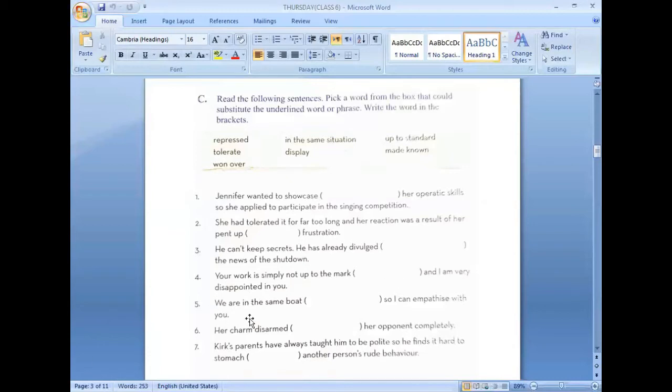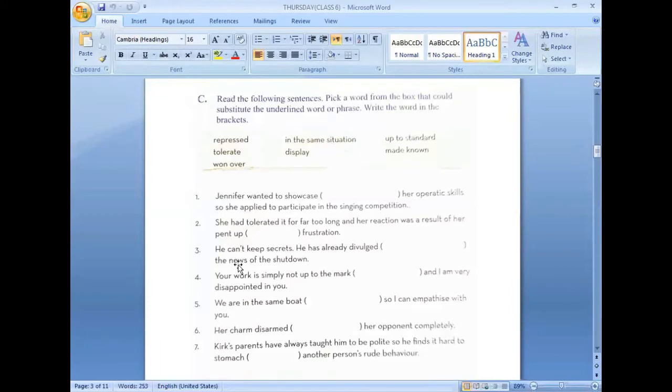Now number five, we are in the same boat, dash, so I can empathize with you. So in the same boat means in the same situation, or in the same difficult situation with someone else. And empathize means to understand. So we are in the same boat, so I can understand your problem.